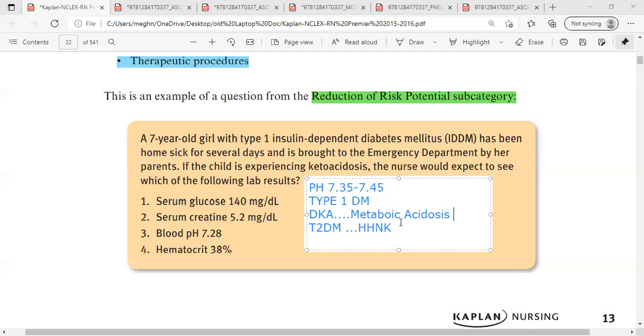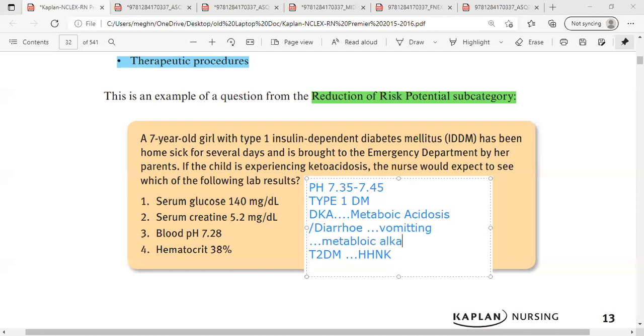When we understand metabolic acidosis, when the pH level is less than 7.35, metabolic acidosis also occurs in diarrhea. But in vomiting, we can say metabolic alkalosis. Common question the NCLEX board asks. And why is number 1 not an answer?